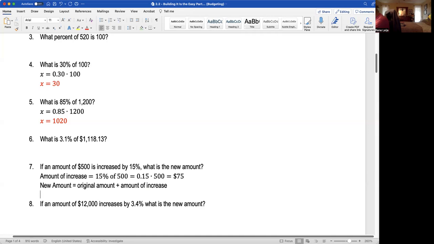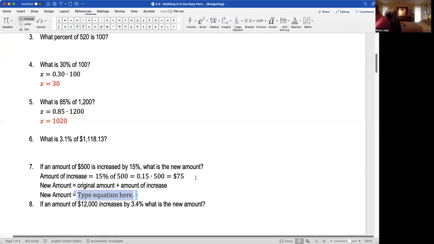All right. So new amount. So this is going to be our original amount, which was $500, plus our increase amount, which is $75. So that means that our new amount is going to be $575.